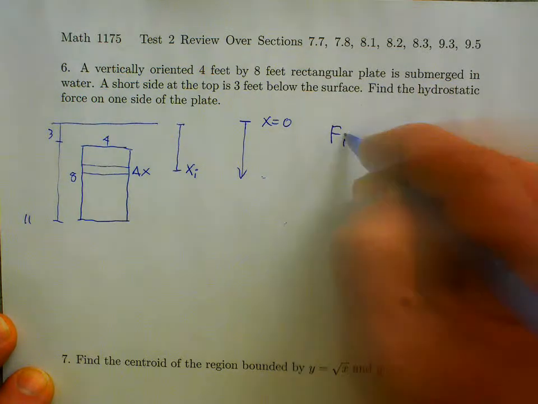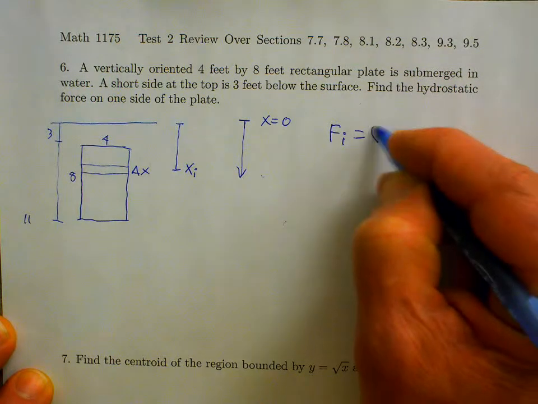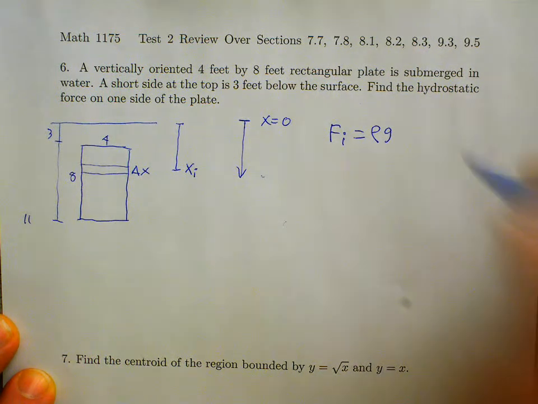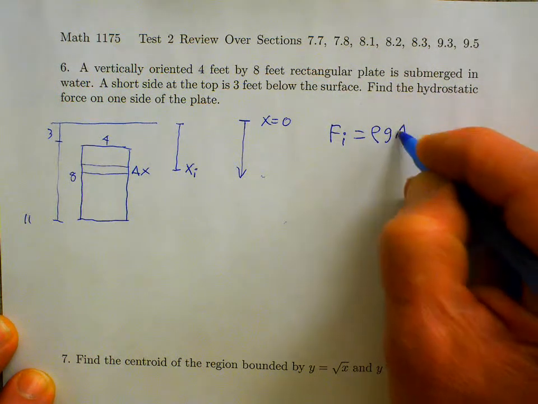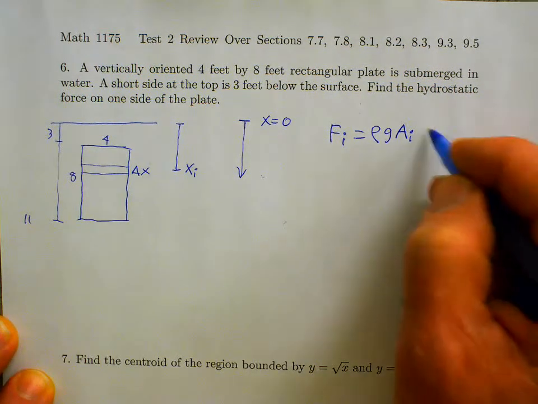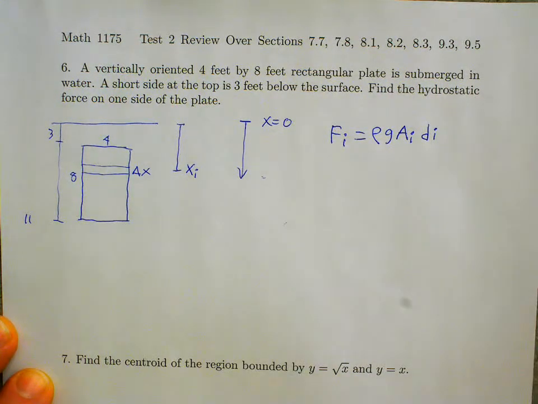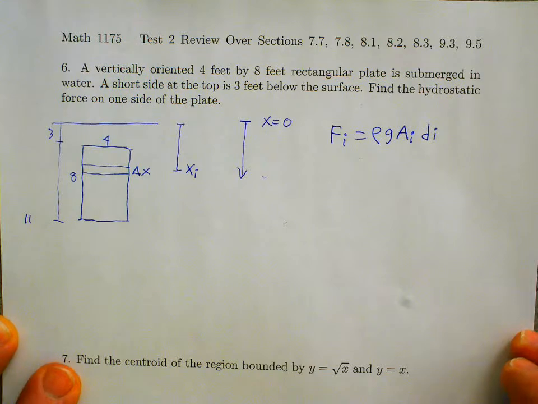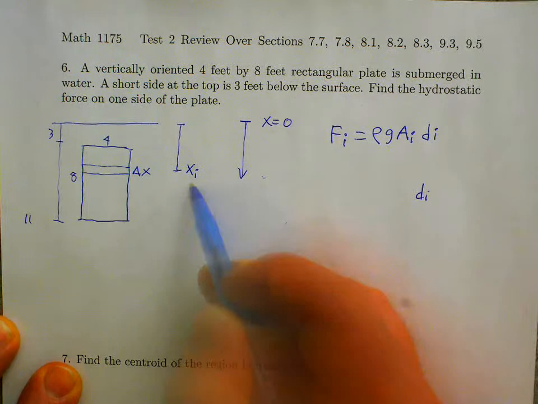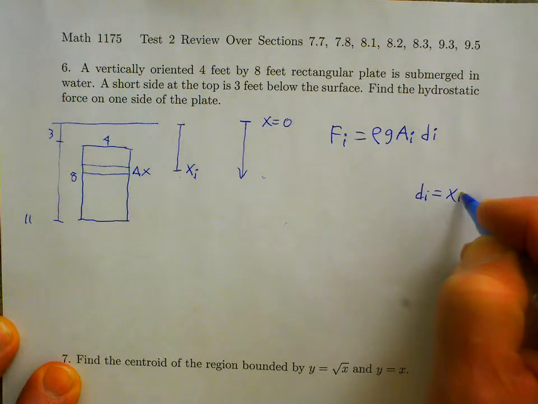So for the ith rectangle, the hydrostatic force is the density times the gravitational constant multiplied by the area of that rectangle times the depth at that rectangle. Okay, so in this picture, the depth is x sub i. That's x sub i feet below the surface.